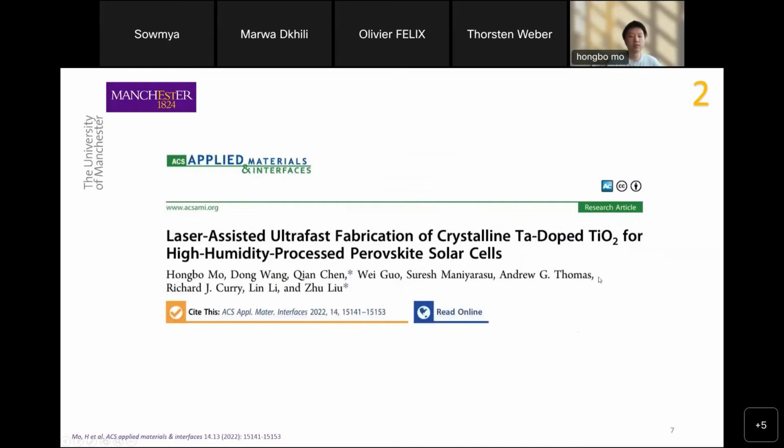So here I'm going to present our recent paper on laser-assisted ultra-fast fabrication of crystalline tantalum-doped titanium dioxide for high-humidity processed perovskite solar cells, which was published in ACS Applied Materials & Interfaces this year.